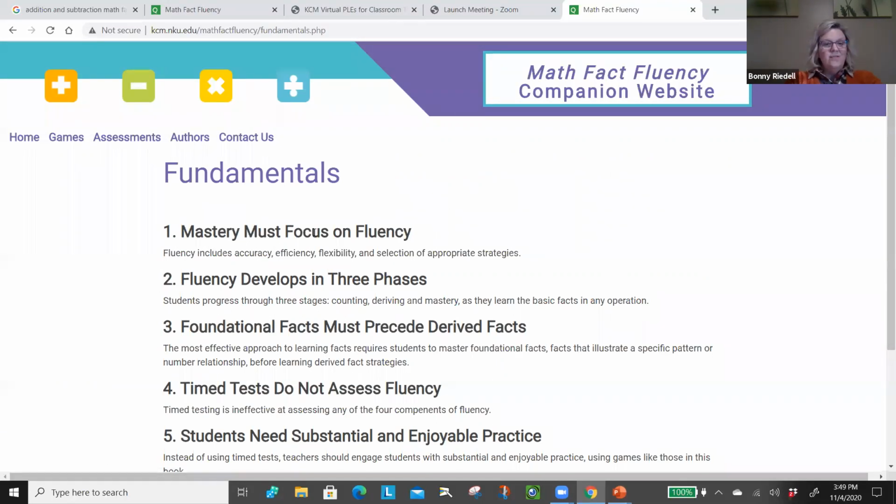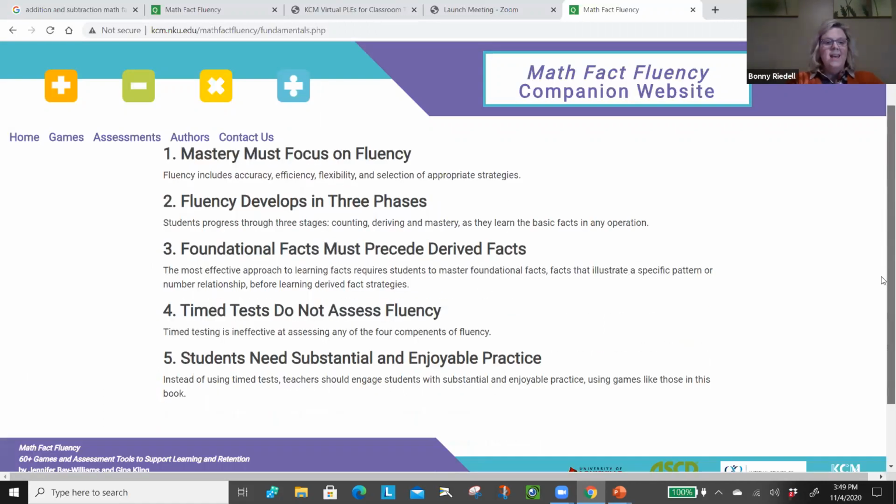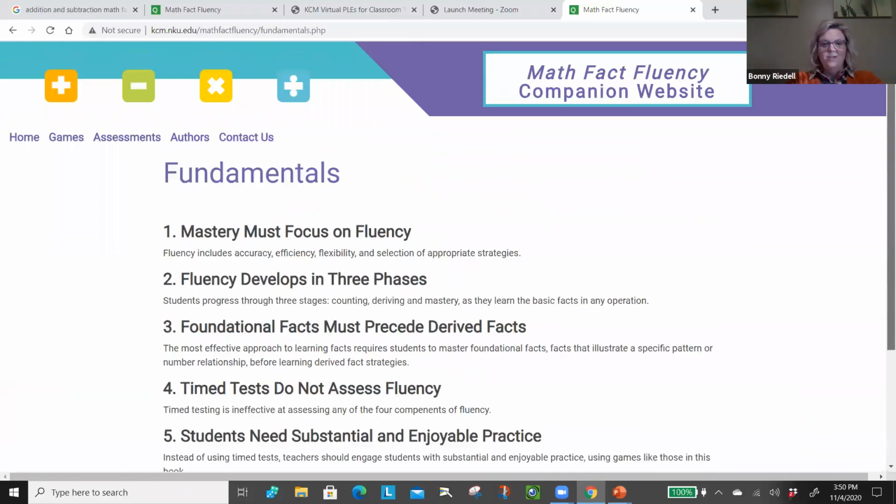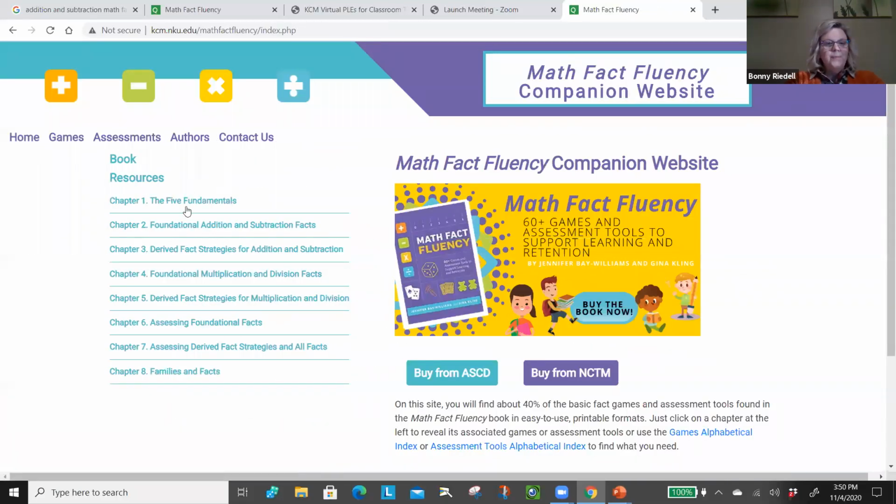That mastery has to focus on fluency, that fluency develops in 3 phases, the foundational facts precede the derived facts, time tests don't assess fluency, and students need substantial and enjoyable practice. So then we can go back home, and since we are focusing in on addition and subtraction, that's where I'm going to start on our little walkthrough of our website.